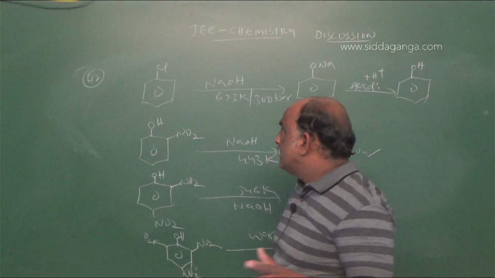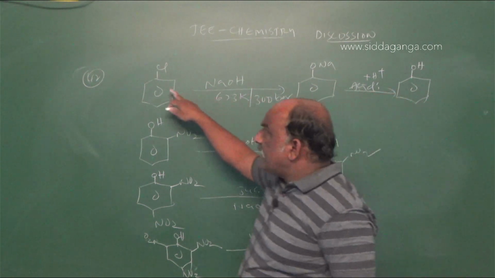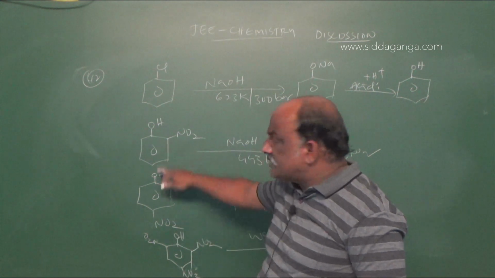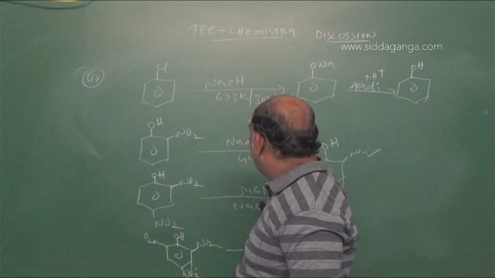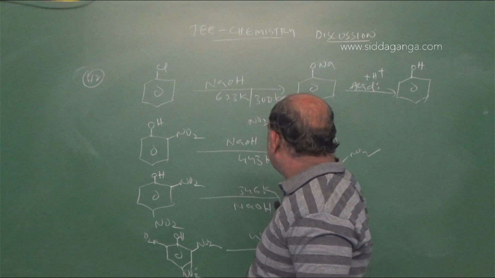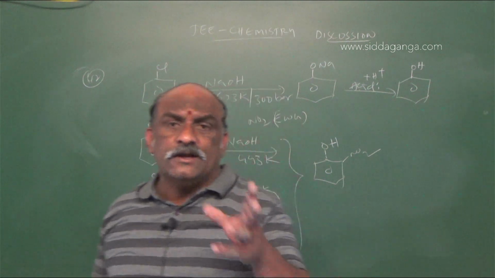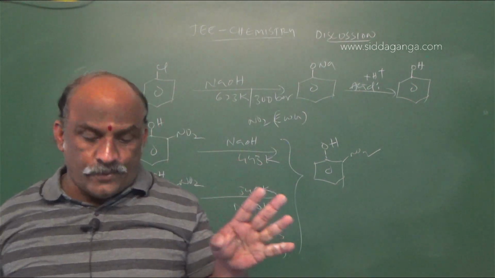What is the reason? Why do we need more temperature here? Because it is less reactive towards nucleophilic substitution. These are more reactive towards nucleophilic substitution because of the electron withdrawing group. The NO2 group is an electron withdrawing group. It stabilizes the carbanion at the ortho and para positions.